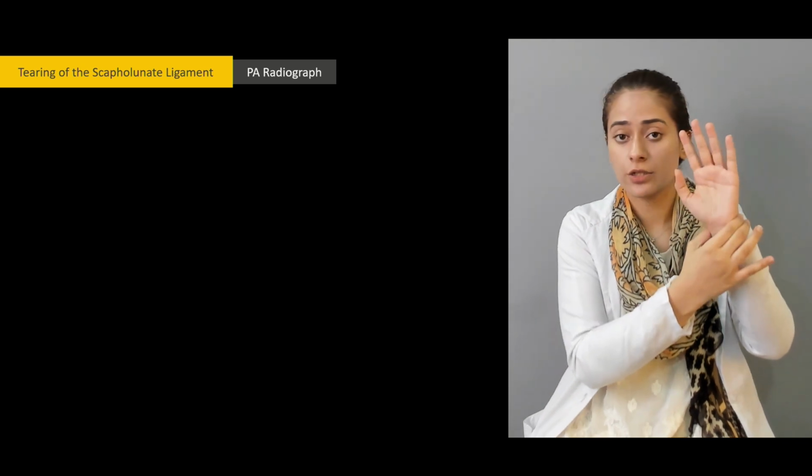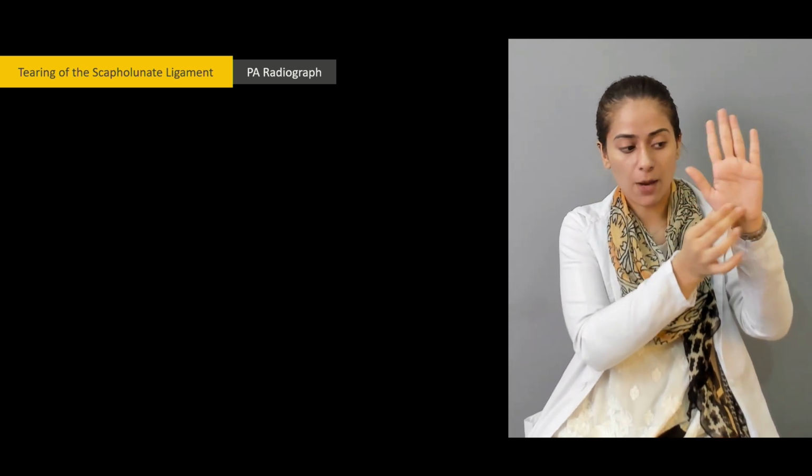So if a ligament that is joining the scaphoid to the lunate is damaged, then the movement of the scaphoid and the lunate away from the movement direction will not be proper, and if they don't move away, then there's not really a space here for the upper carpal bones to move here. So for the upper carpal bones to move in this direction, the space has to be created by the lower row moving away.